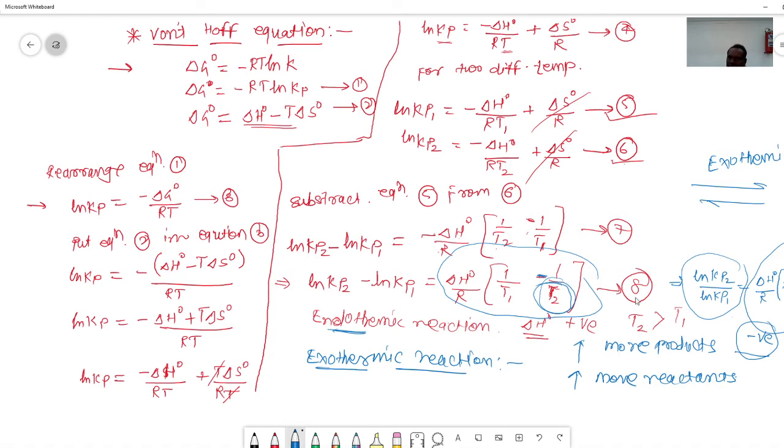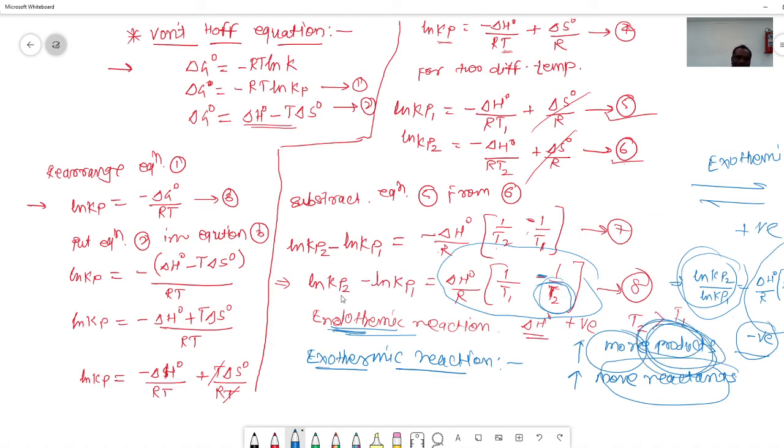This value comes out to be positive for an exothermic reaction if you increase the temperature. Therefore, more reactant will be formed. For an endothermic reaction, if you increase the temperature, more products will be formed.